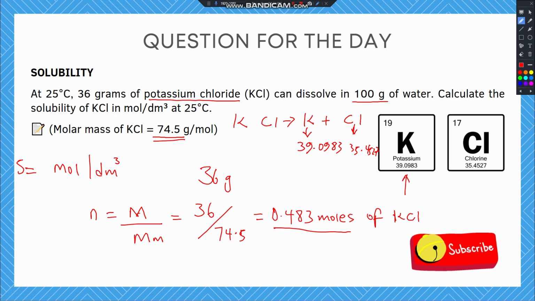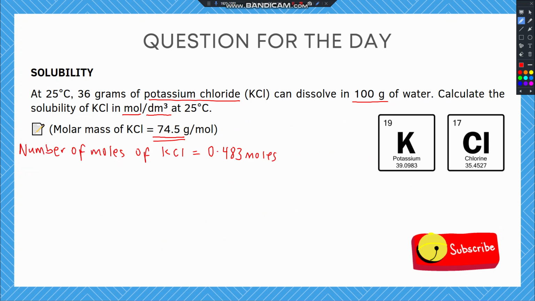Now we have the number of moles of potassium chloride that was involved in the reaction. Remember, they are asking us to calculate the solubility as number of moles contained in 1 dm³ of water. Now at this point, what we want to do is to find the volume of water. Alright, so we're given the amount of water in grams, so we want to convert this from grams to volume. And the formula for volume says volume V is equal to the mass of a substance divided by the density of that substance.